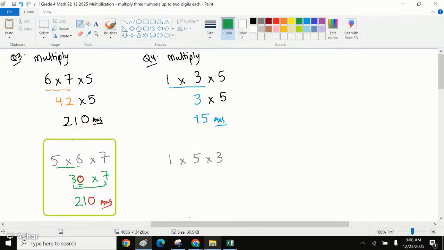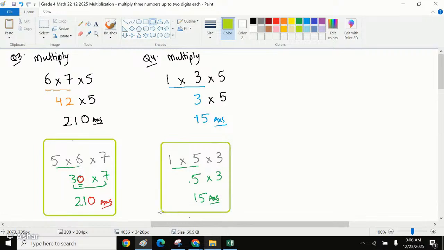So can we say that 1 multiplied by 5 was 5 multiplied by 3, and it still stays as 15. So what we can say is the order of multiplication does not affect the answer. We can change the order of the multiplication. Okay? Yes, thank you. Thank you for agreeing. Let's try the next question.